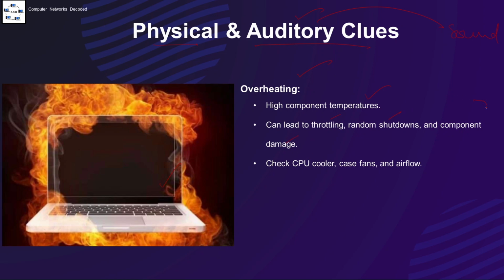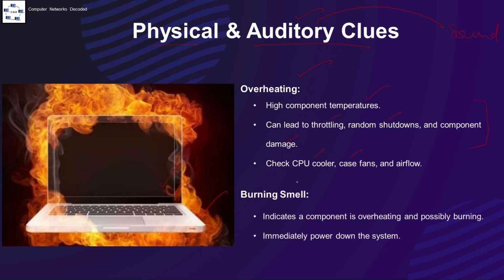If you encounter these issues, you need to check the CPU cooler, the case fans, and the airflow of the system. If you encounter a burning smell, it means that some component is overheating or possibly burning. In that case, you need to immediately shut down the system to prevent permanent damage to the component or the system.